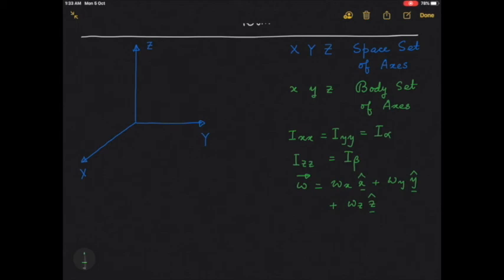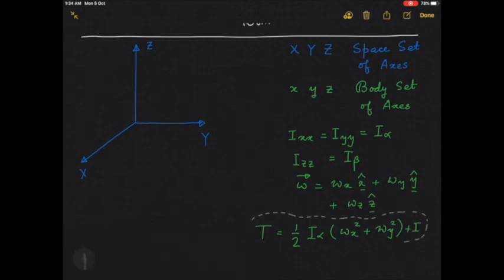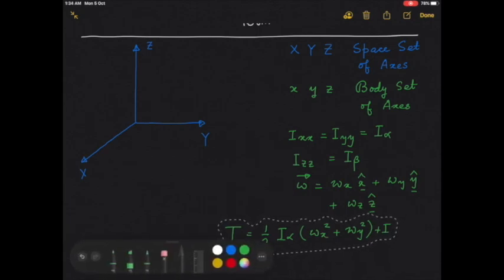If I know them, and if I know the principal moments of inertia, then obviously my kinetic energy will be half I alpha omega x square plus half I alpha omega y square plus half I beta omega z square.